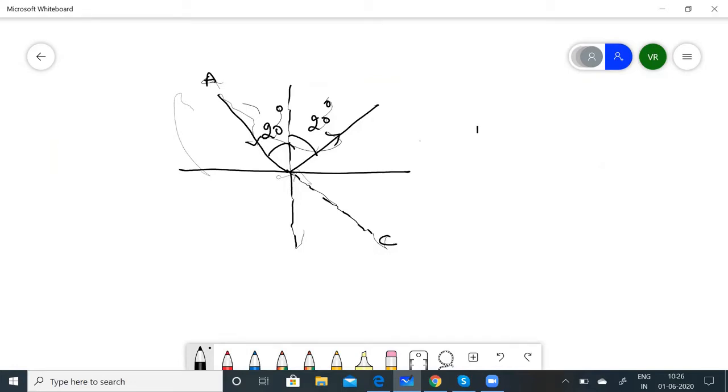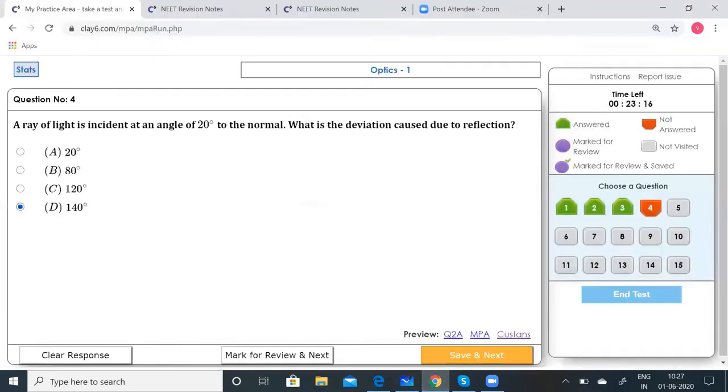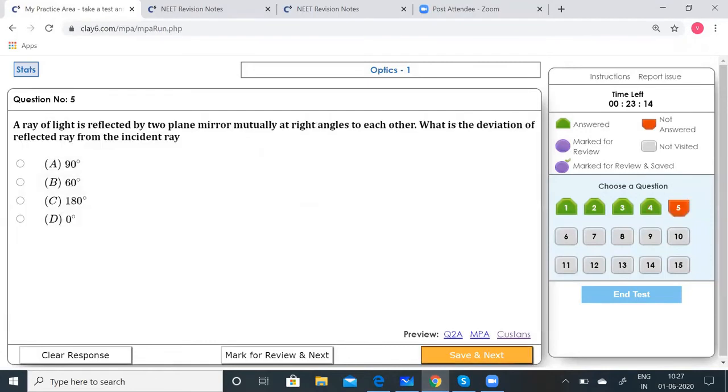So I can put it as 180 minus 20 plus 20, because the angle of incidence is equal to the angle of reflection. So that is equal to 140 degrees. Let's see which option is correct. 140 degrees. Yes. Click that. Go to the next.